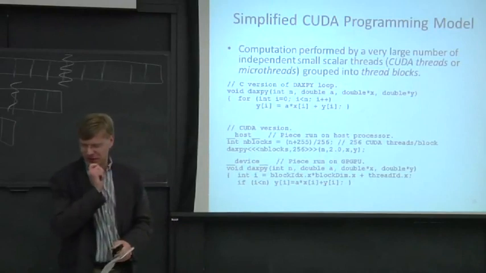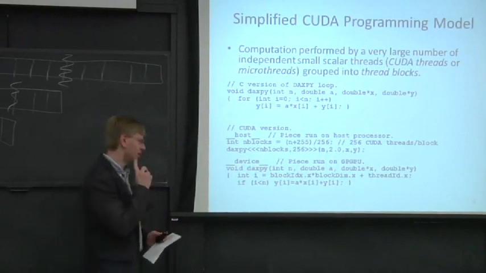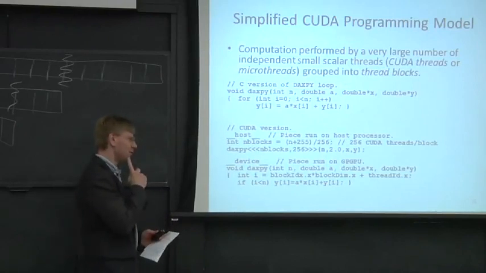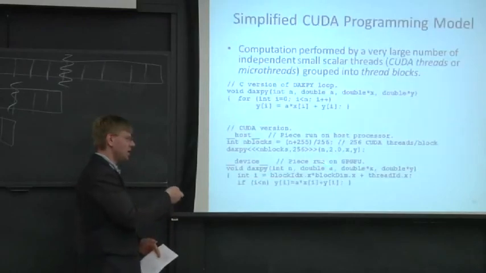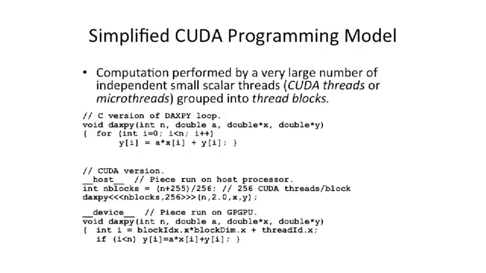What I find interesting about this is that on first view, it looks like each of these threads is completely independent. So that is the programming model, that each of the threads is independent. Unfortunately, in the computer architecture that this is going to run on, each of the threads is not independent.